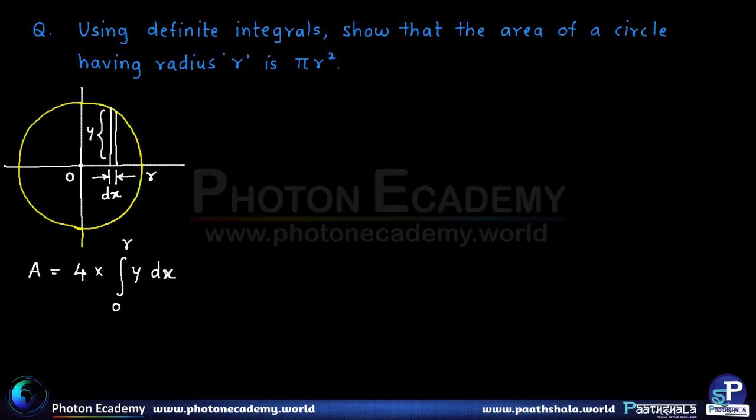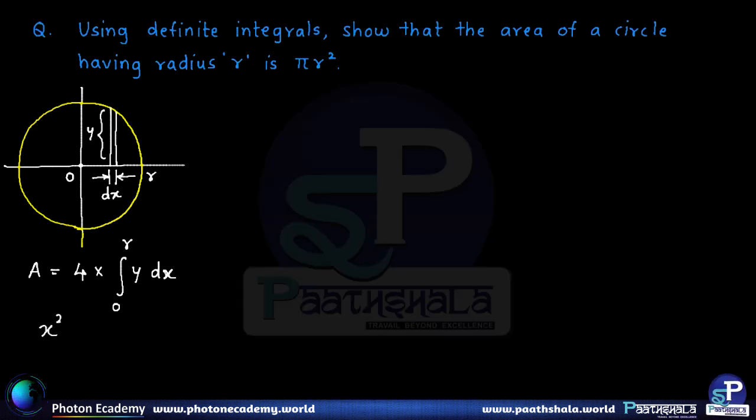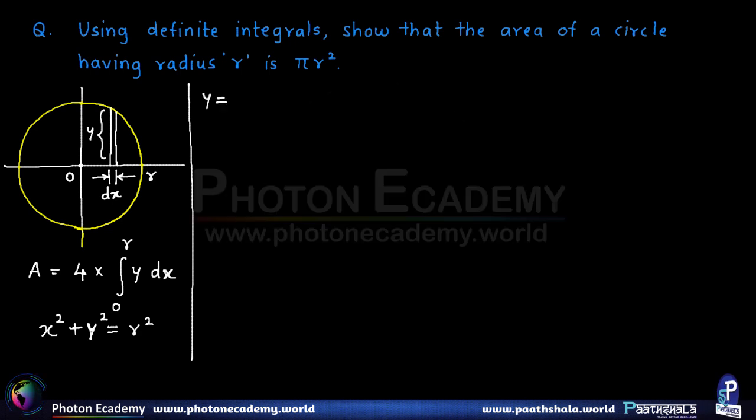Now the next task is we have to write y in terms of x. They have not given the equation as such, but we know the equation of a standard circle, and that is nothing but x square plus y square is equal to r square. Correct? Based on this we get y as nothing but square root of r square minus x square.